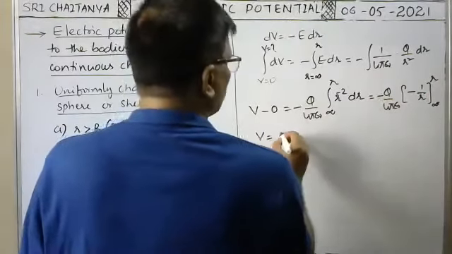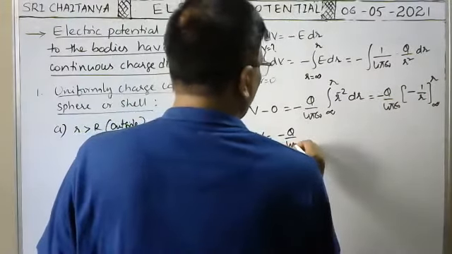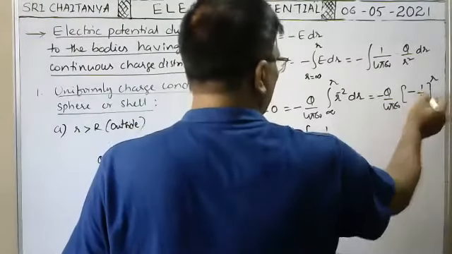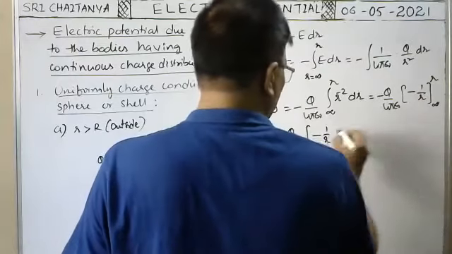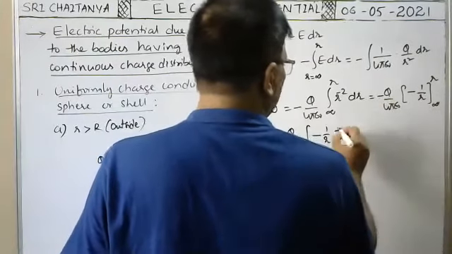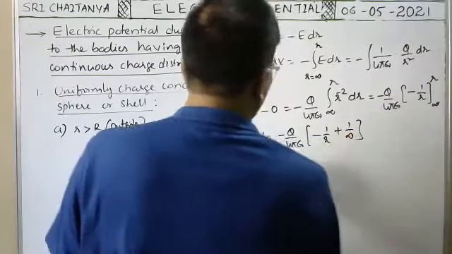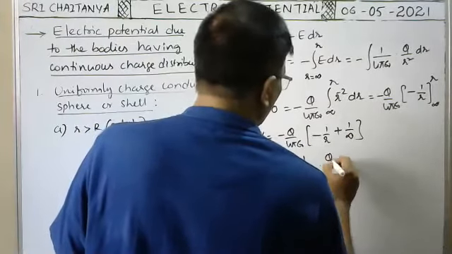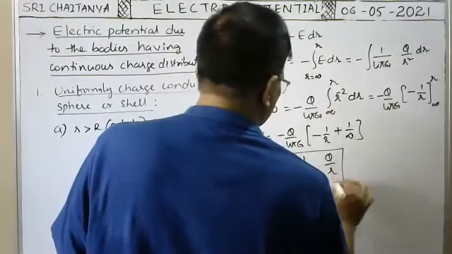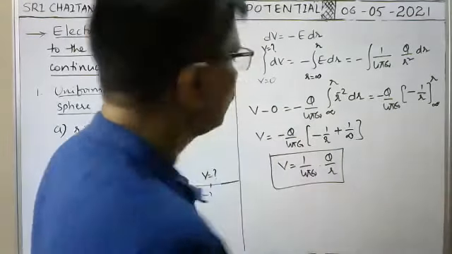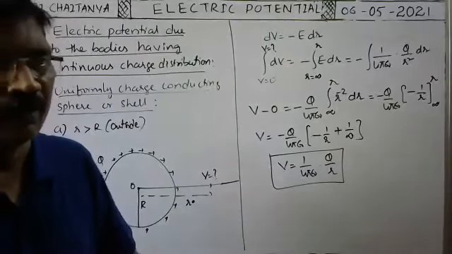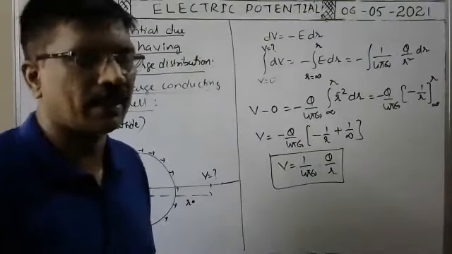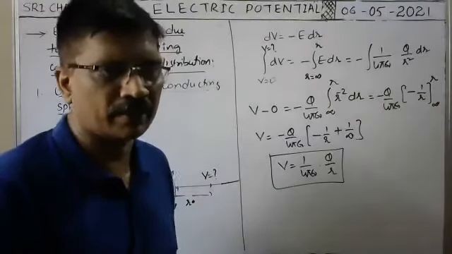So V is equal to minus q by 4 pi epsilon naught into minus 1 by r, plus 1 by infinity for the other limit. Therefore we have V equal to 1 by 4 pi epsilon naught into q by r. This is the electric potential at any point outside the charged conducting sphere or shell. Note down.